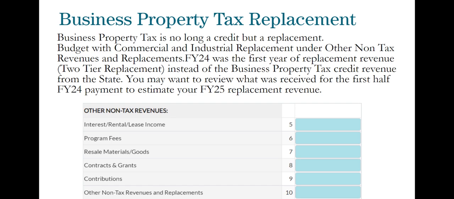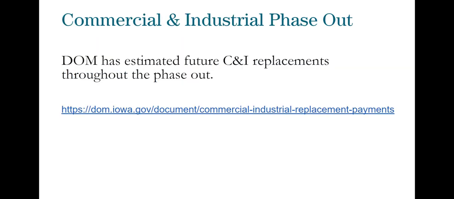Fiscal year 24 was the first year that you would have received revenue for this replacement from the state. So you can take a look at what you received for that first half payment in 24 and use that as a way to estimate what you may receive in 25 for that replacement revenue.